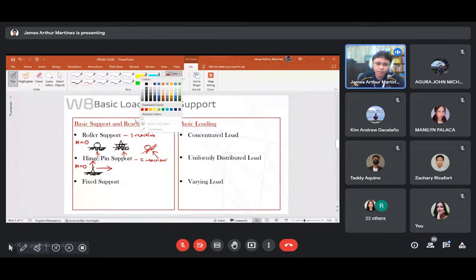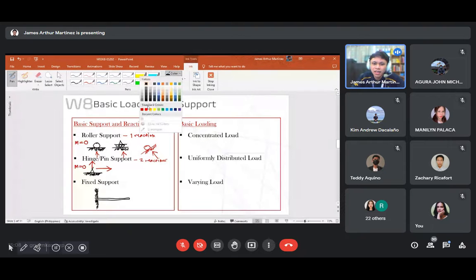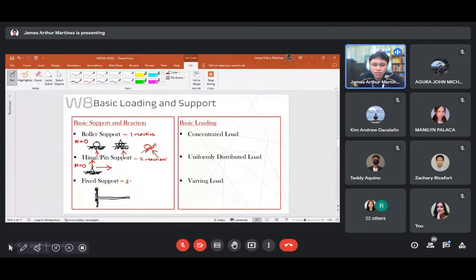So, now, the third type of support, the fixed support, looks like this. Okay, restrained. So a fixed support has three reactions. Okay, and what are those?